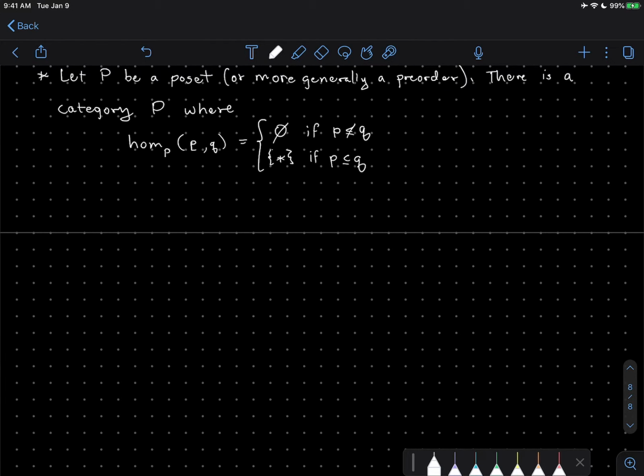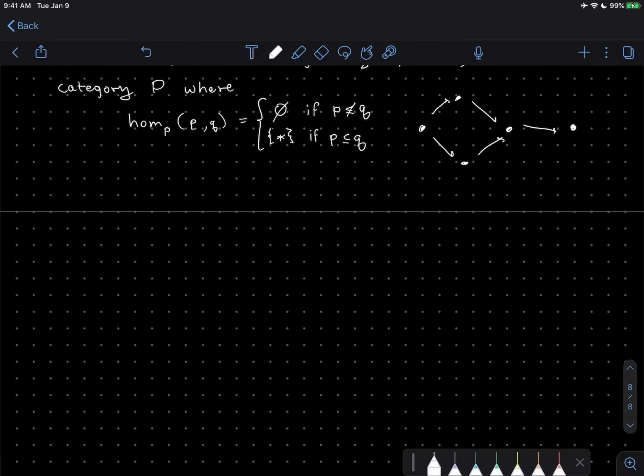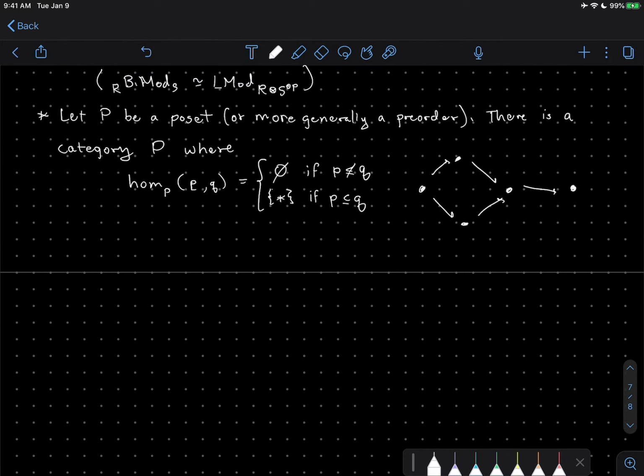For instance, we could have a poset that looks like this. And that can be our category. Hidden in this is that map, which is both the composite of these two and of these two maps, and then also all of these other composites like that.